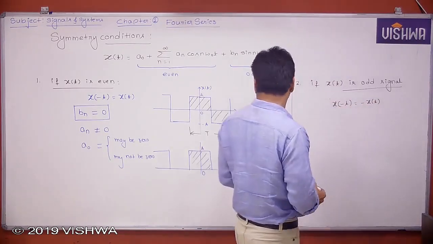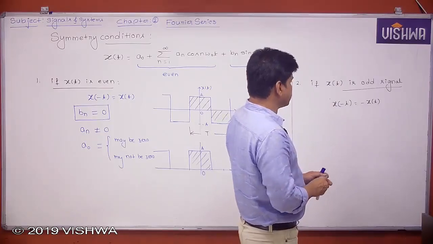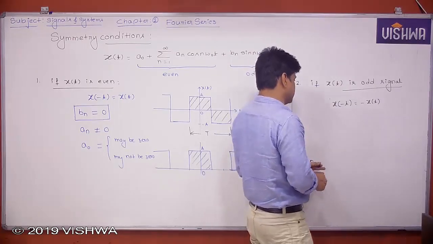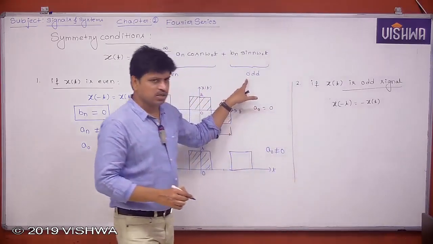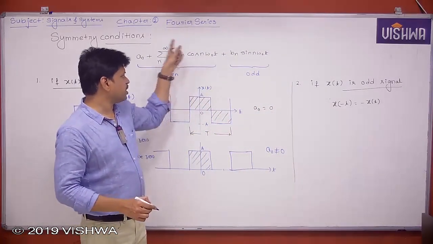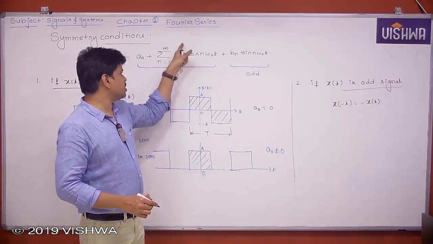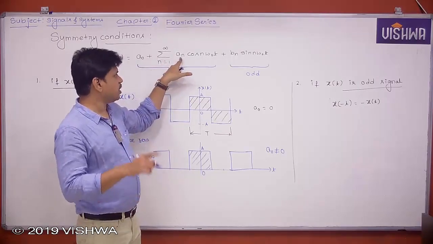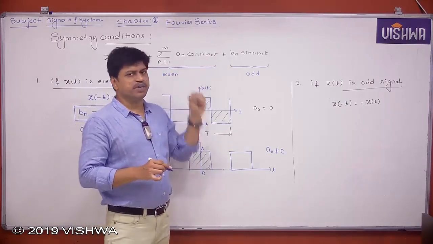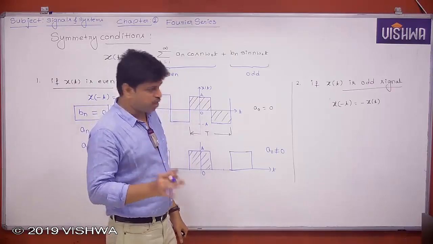If this condition is satisfied, then we can say it is an odd signal. If it is an odd signal, it should not contain an even part. So if the even part is 0, that means A0 value is definitely 0, An value is definitely 0, only Bn is not equal to 0. I hope you understood.